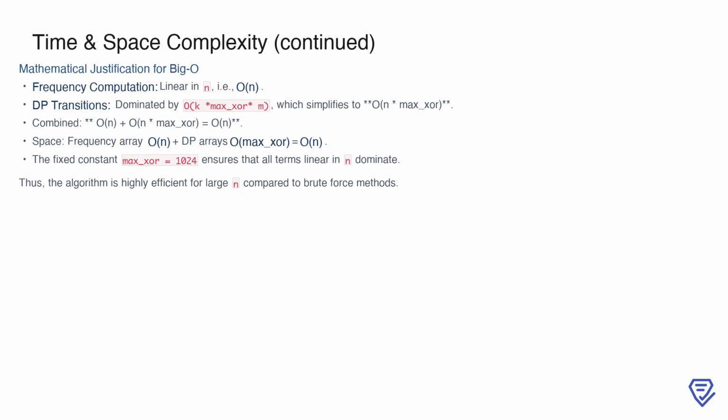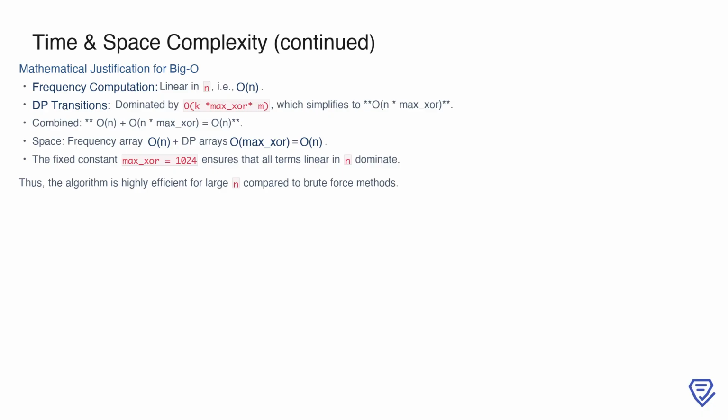Finally, let's solidify the reasoning behind the big O analysis of our algorithm. The frequency computation step is linear in n, which is O(n). The dynamic programming transitions dominate the computation with a complexity of O(k * max_XOR * m), which simplifies to O(n * max_XOR), when accounting for the worst-case scenario of distinct values in each group.